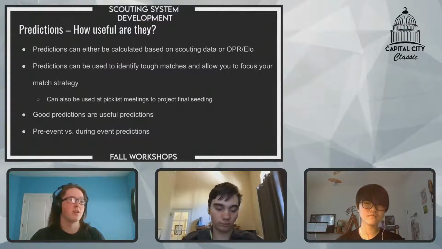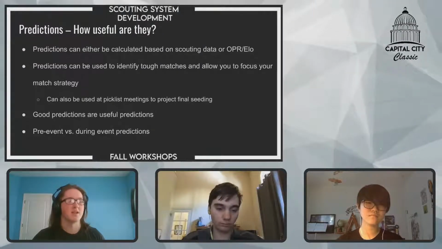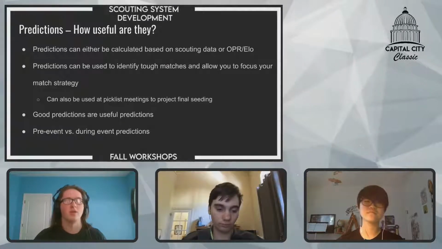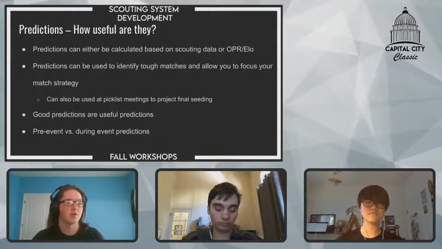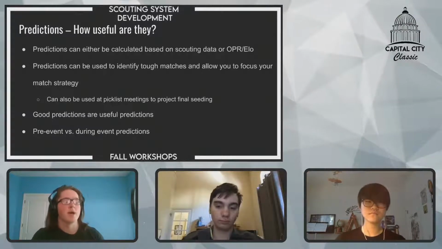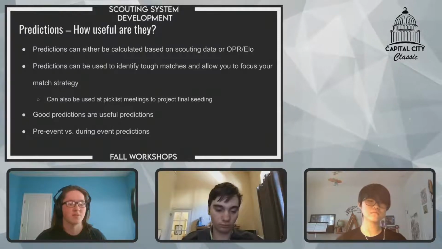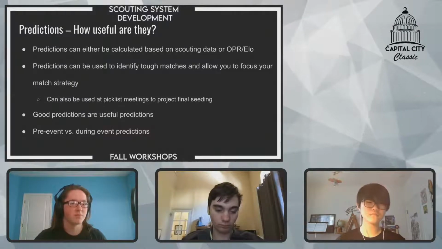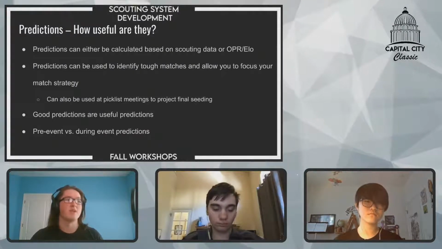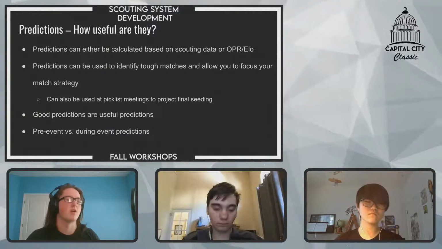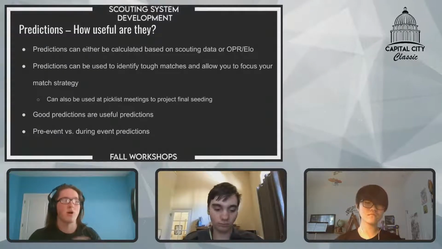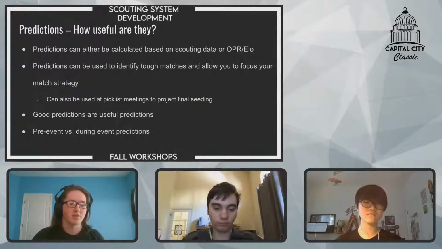Predictions, in our opinion, are useful because they can identify tough matches that allow you to focus your match strategy. If we're predicted to lose a match a couple matches from now, but our next match we're predicted to win by like a 60% margin or something, then we can focus a lot of our match strategy efforts on the hard match rather than the easy match.